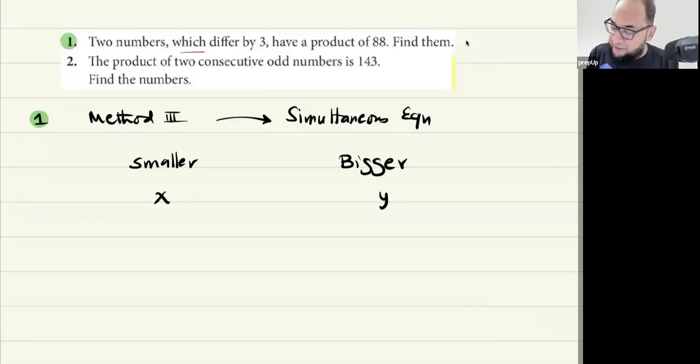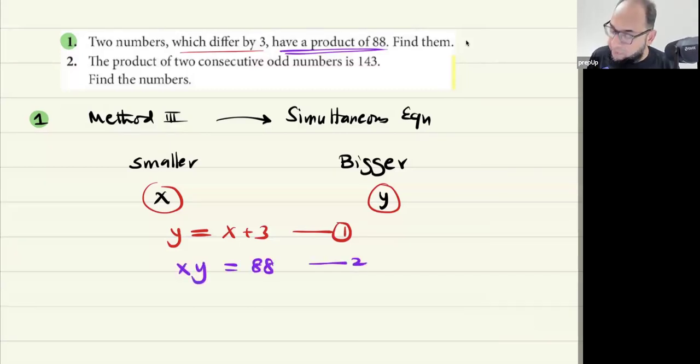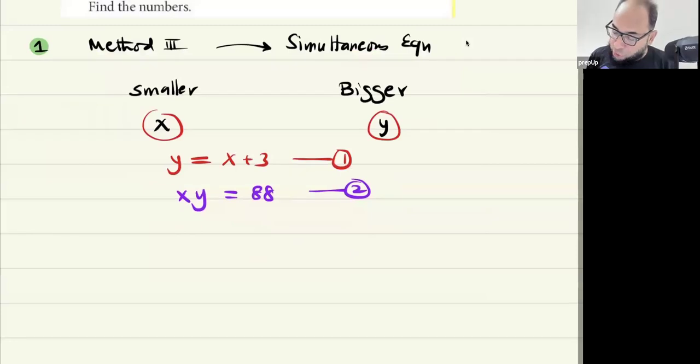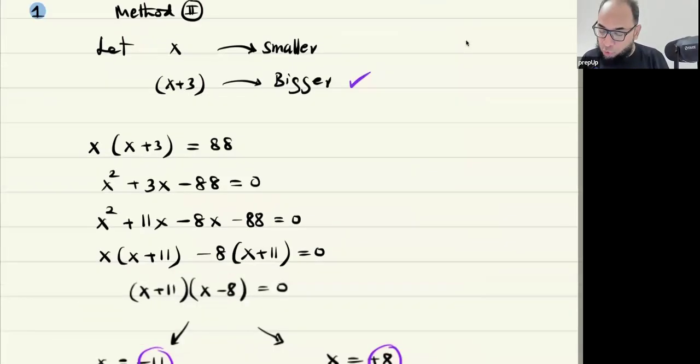They differ by 3, that means bigger minus smaller is 3, so y equals x plus 3. That is equation 1. Second, they have a product of 88: xy equals 88. That is equation 2. Now solve. x into x plus 3 is 88. This becomes a quadratic equation and the working is the same as over here.